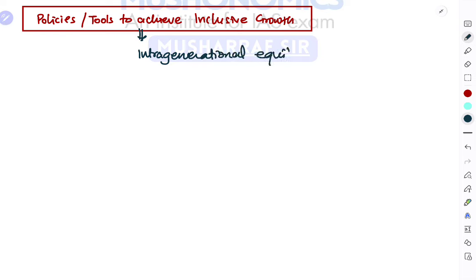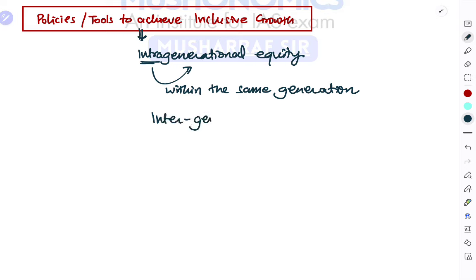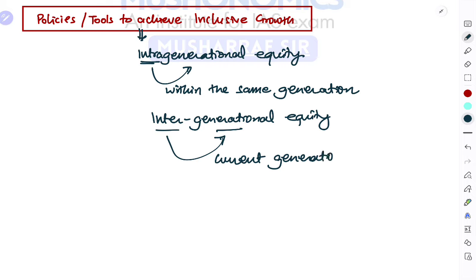Now what do we mean by intragenerational equity? The word intra means within the same generation. And when we talk about intergenerational equity, that we saw in the last class, it means equity between the current generation and the next or future generation.